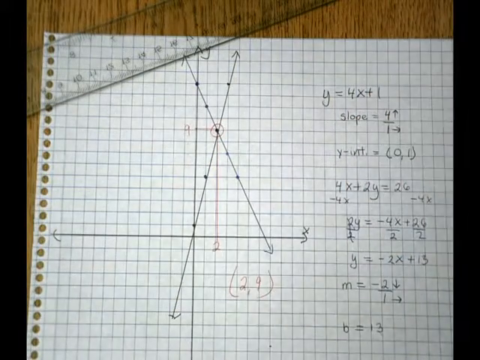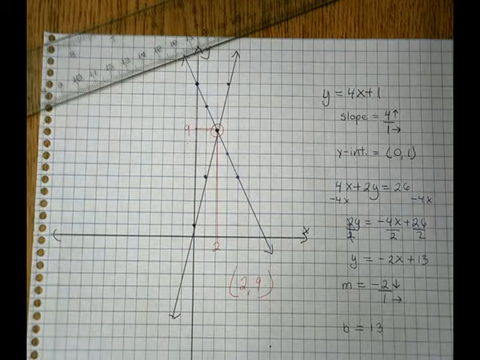Just like when I solved it with substitution and when I solved it with elimination. Now you can choose whichever method works best for you. Some people like to use the same method most of the time, but most people use different methods depending on what the equations are like.